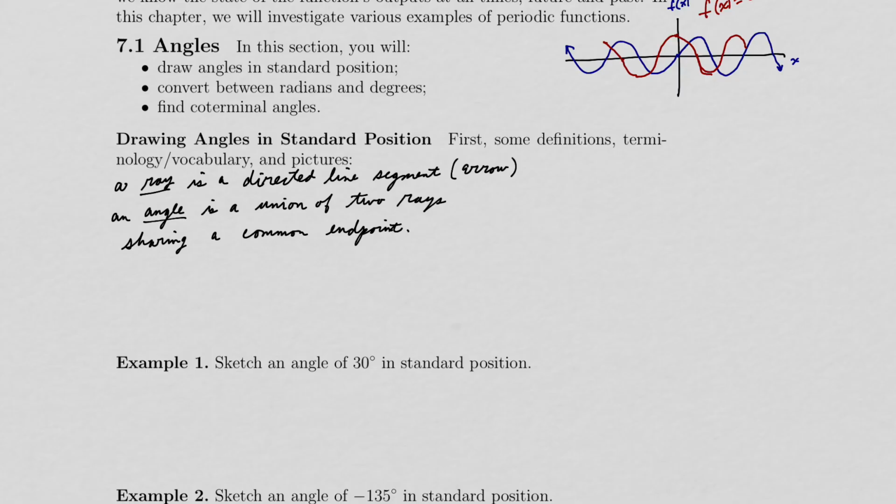Okay, so what we do is we fix an initial side, so we have like an initial ray, and then rotate to a terminal side, which is like our final ray. So we fix an initial side, then rotate to a terminal side.